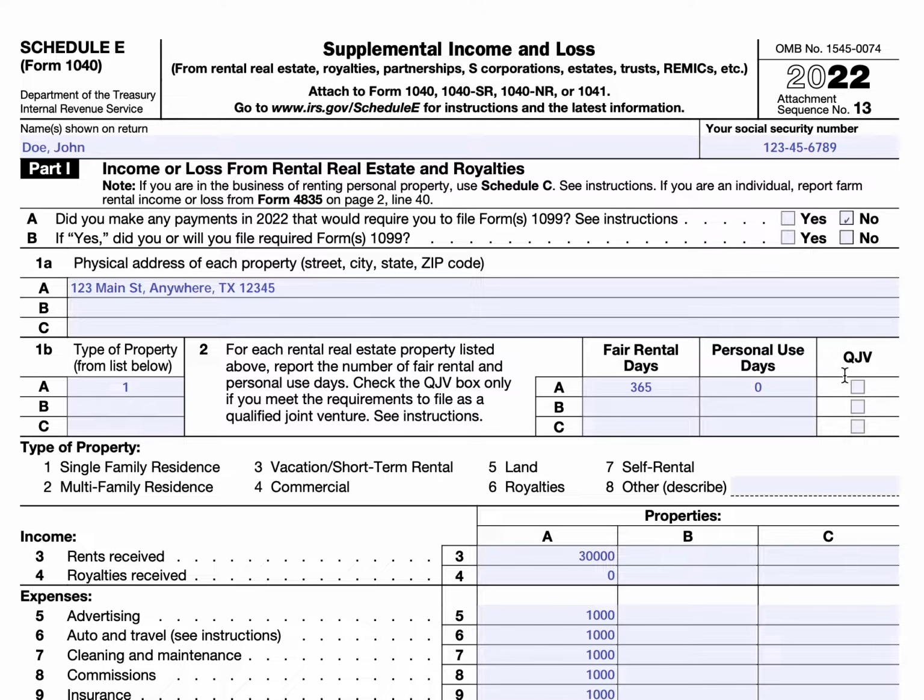The QJV box stands for a qualified joint venture. This is for a married couple that basically is acting as if they were a sole proprietor, except it's 2 people running a proprietorship, and this would be considered a qualified joint venture. Otherwise, it's treated like a partnership.